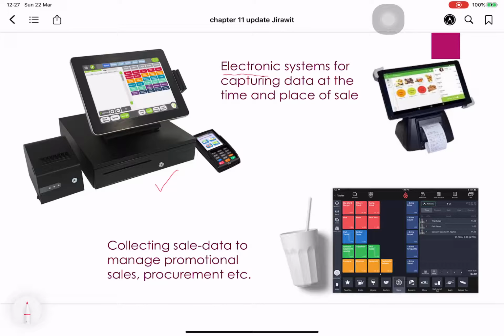This is an electronic system for capturing data at the time and place of sale. When you buy a coffee, they use software to record the sale data, which we call point of sale.